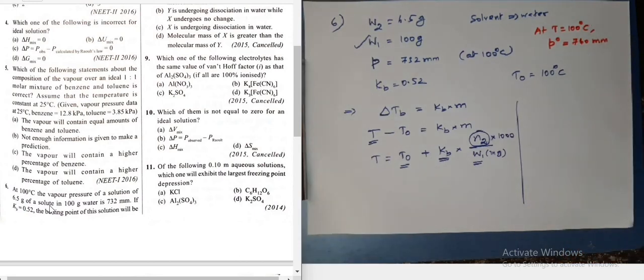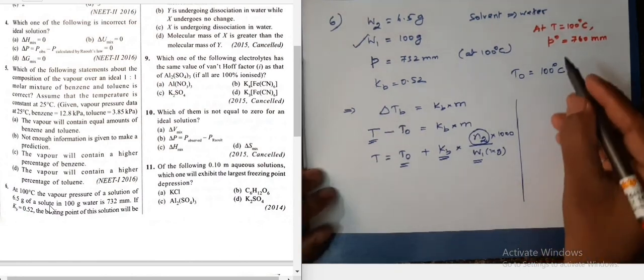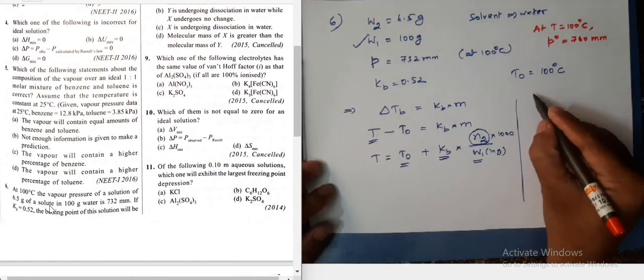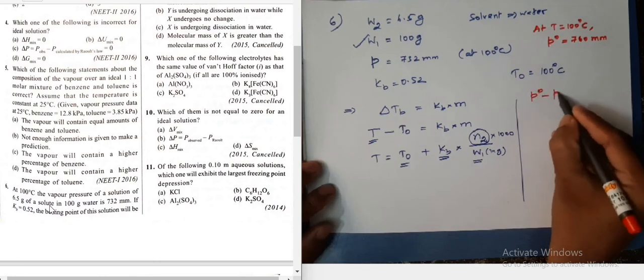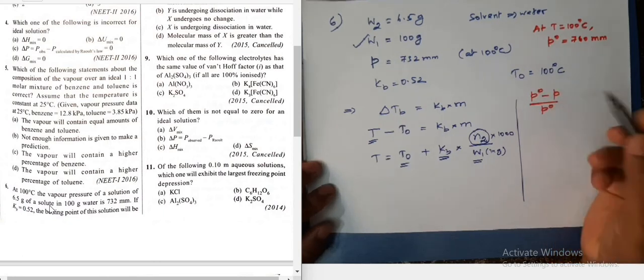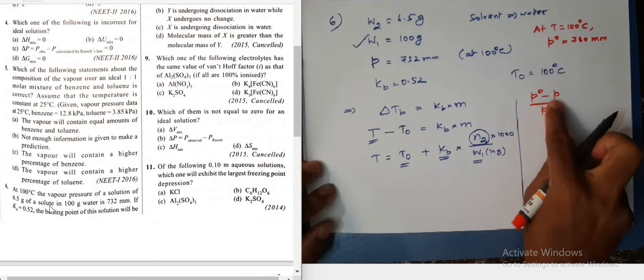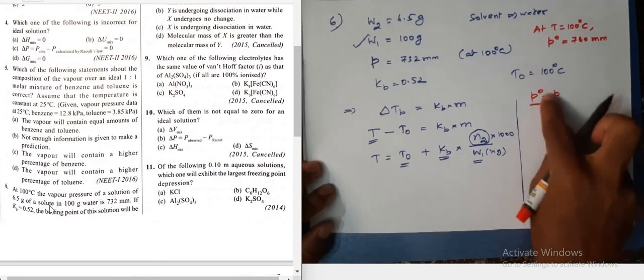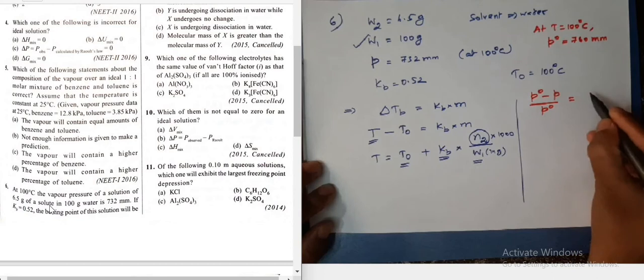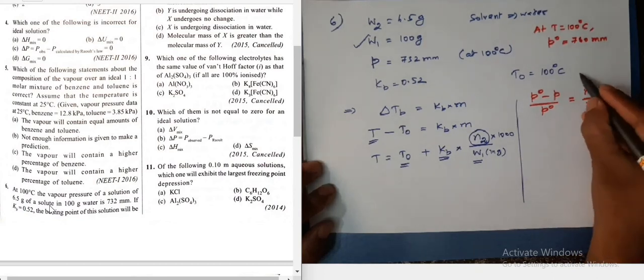760 mm. Now what I'm going to do, you know very well from Raoult's law, P naught minus P by P naught, vapor pressure of pure water minus vapor pressure of solution by P naught, relative lowering of vapor pressure, which is equal to N2 by N1 in the case of dilute solution.